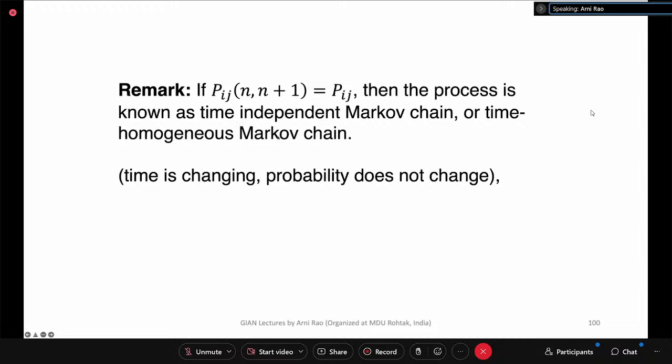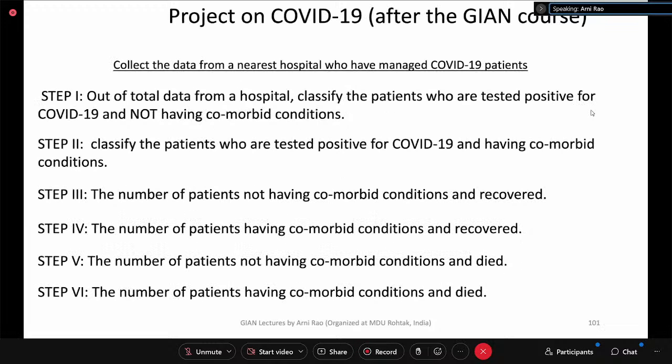The time from one step to the other step changes, and the value we compute remains the same. Just for notation's sake, I'm writing P n comma n plus 1. That ends the Chapman-Kolmogorov.